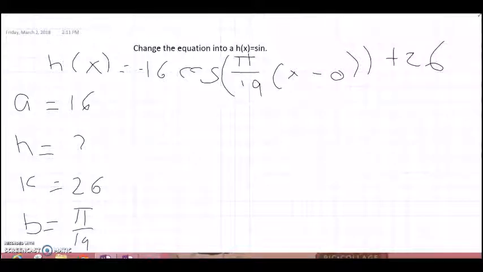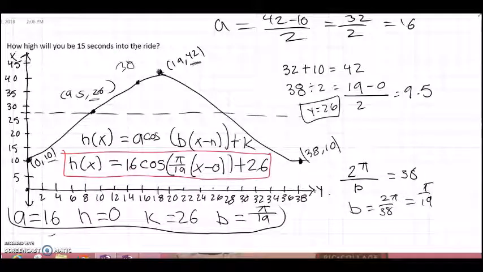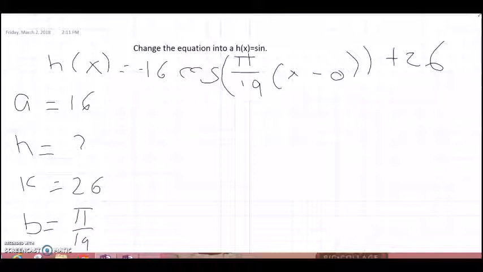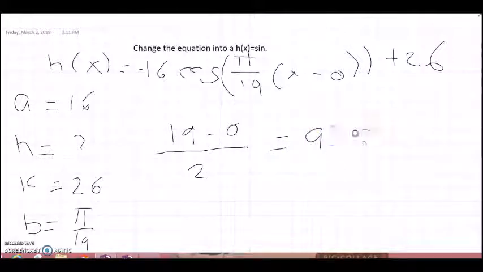If we go back to our graph, we have a maximum at 19. So we put 19 minus 0 and divide that by 2, which gives us 9.5. So then our h would equal 9.5.